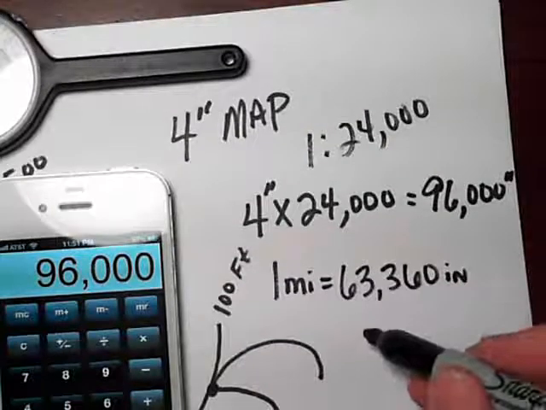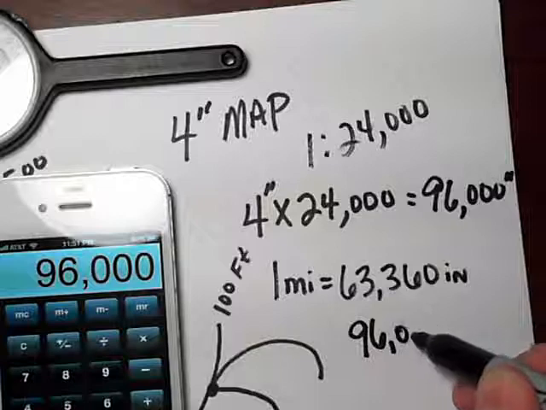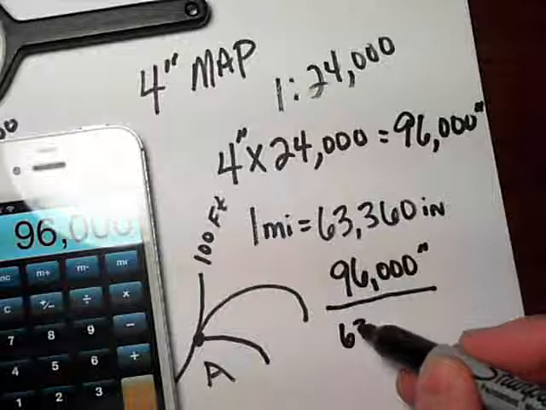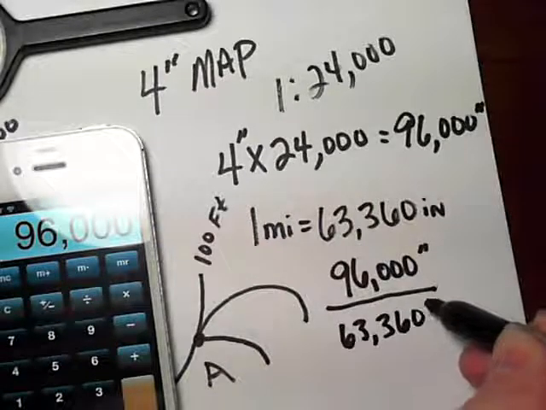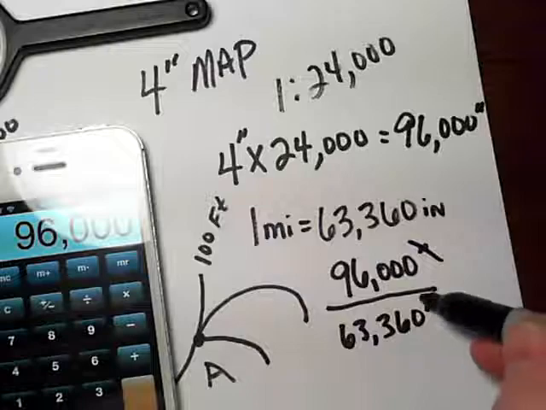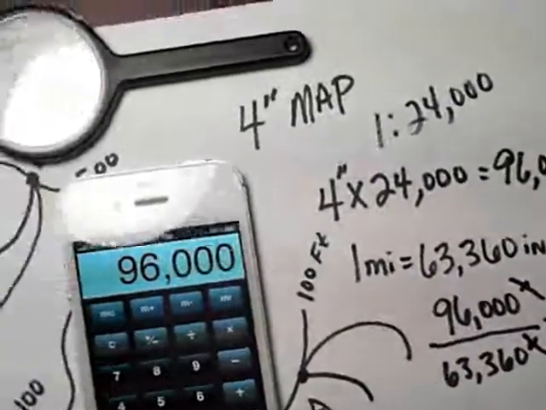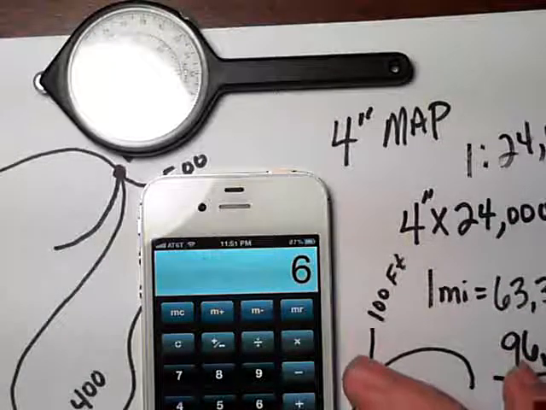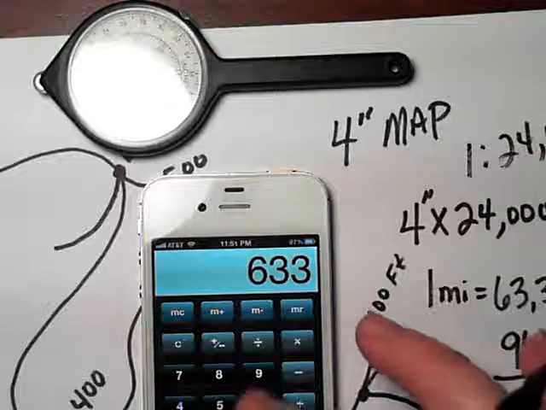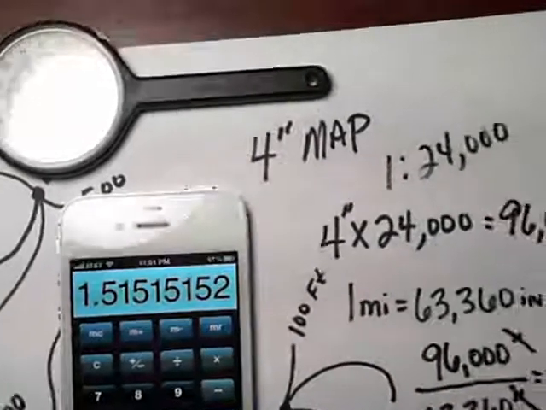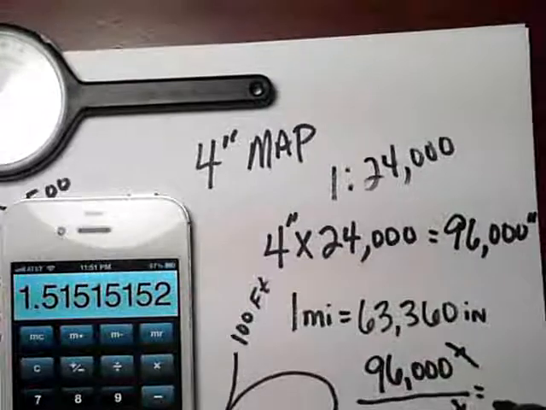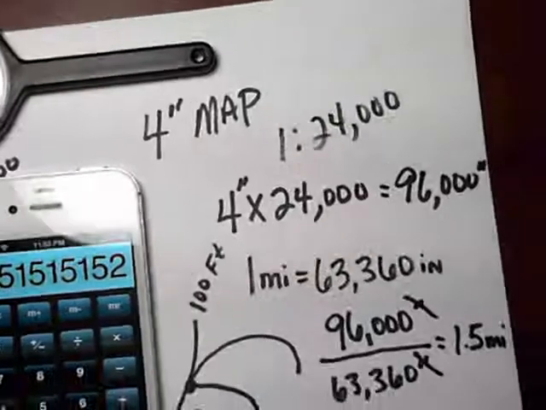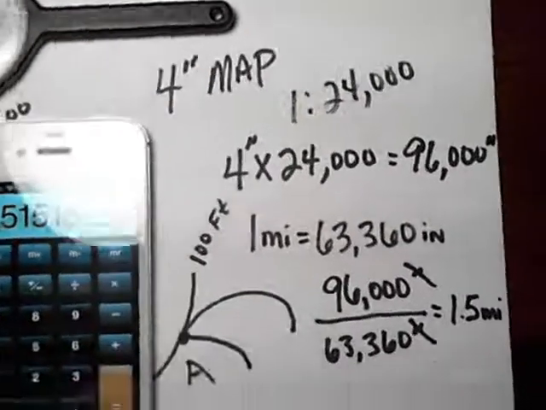So we take the 96,000 inches and divide it by 63,360 inches. That way we get rid of the inches, and we're left with miles. Rounding, we get 1.5 miles. So that's our run.